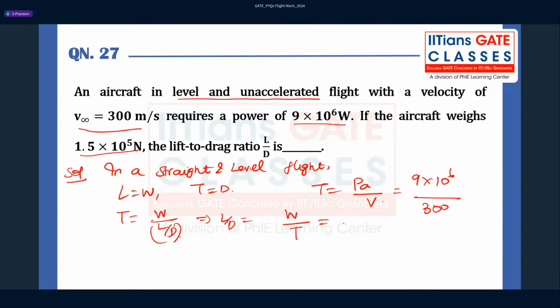If you simplify this, you will get a value close to 5. Let's simplify this. Again, it's a pretty simple problem. No issues. If no doubts, let me go to the next question.